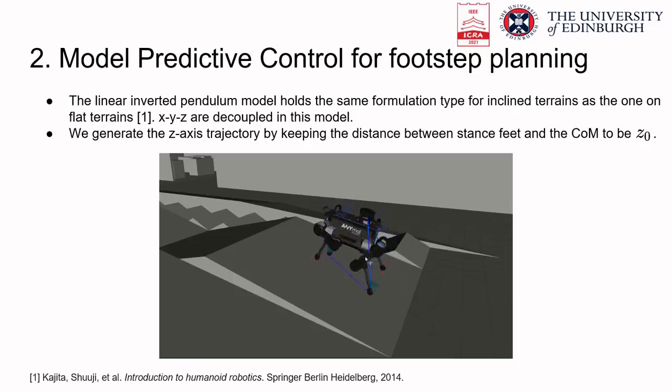In blind walking, by knowing the foot positions, we keep the relative distance between the ZMP and the center of mass position along that direction at a constant value. We can see that the robot still has push recovery ability on a slope.